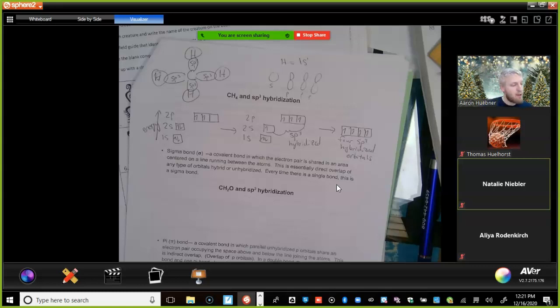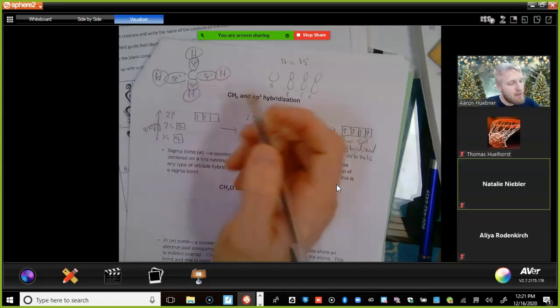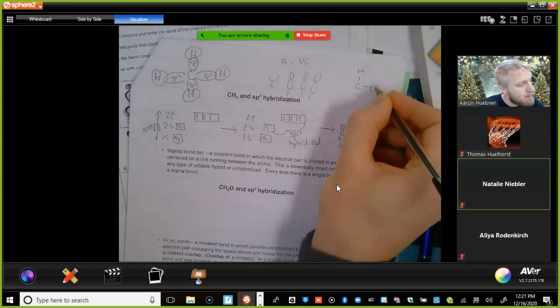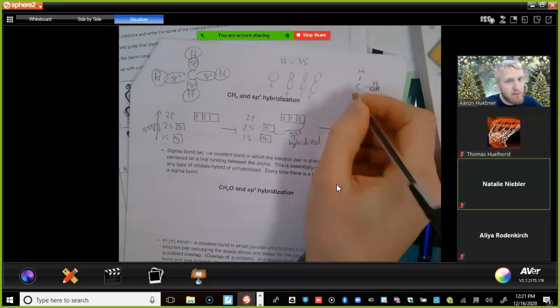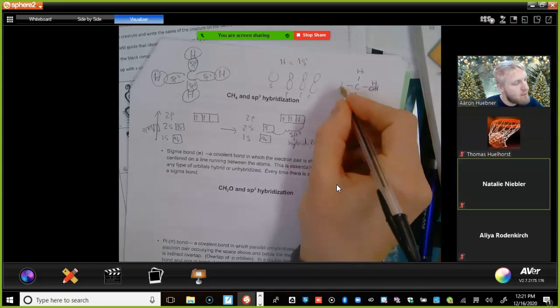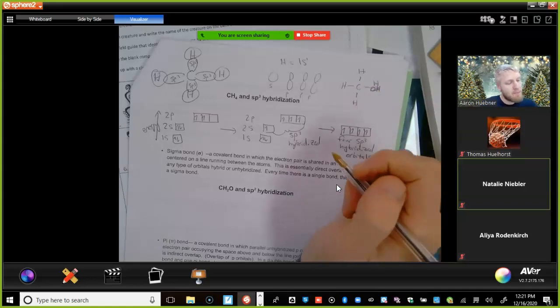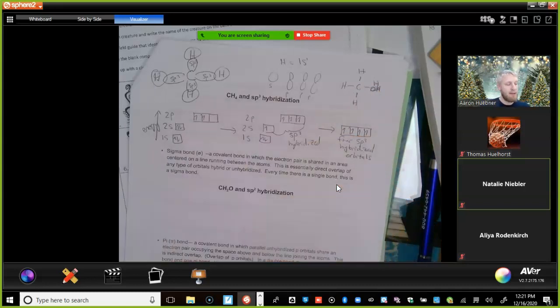All right. You're also going to have in CH4, let's just draw it out without the clutter. You got 1, 2, 3, 4 bonds happening, and every single bond is going to have a sigma bond. Oh, there it is right there. Yeah, sigma bond.